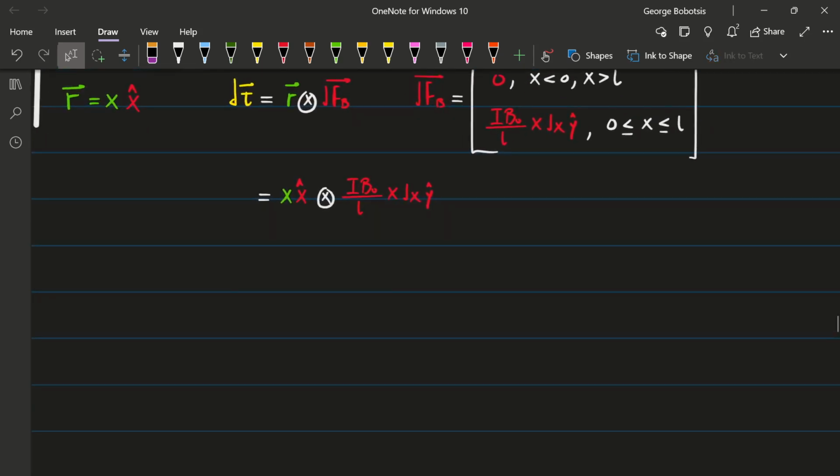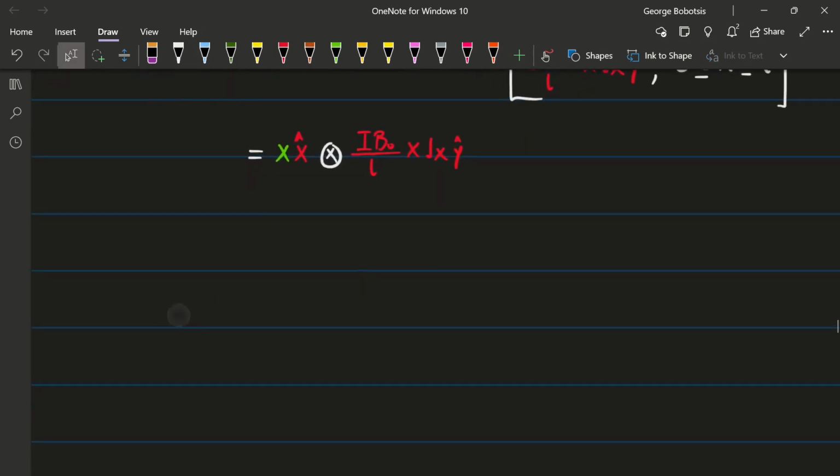All right, folks. What do we get? We end up with x squared, I B naught over L, and then the cross product between x hat and y hat, and then dx. Very nice.